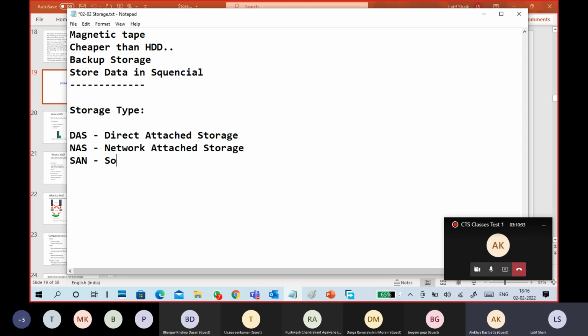SAN means storage area network. So these are the main three types of storage.